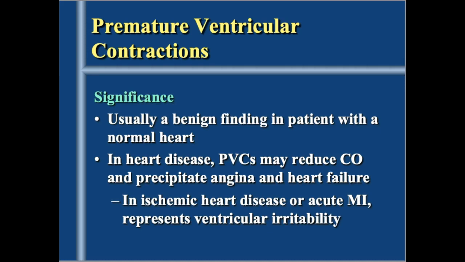Maybe we're a little dehydrated, we went for a run and our potassium is a little low. In heart disease, PVCs can significantly reduce cardiac output, can cause angina, heart failure, and in ischemic heart disease or an acute MI, it means that your ventricles are getting very irritable and you're at high risk for VTach.